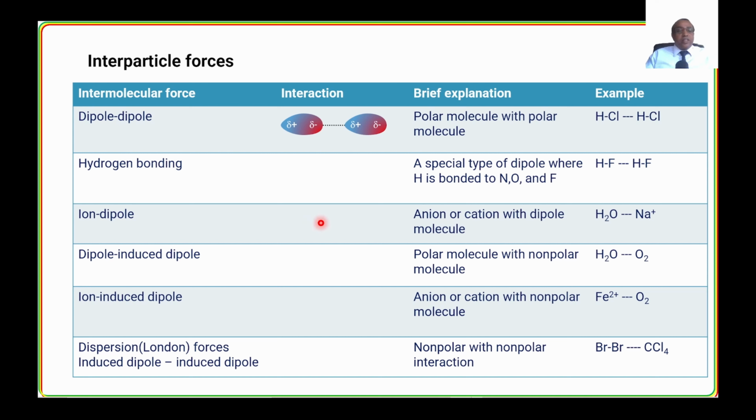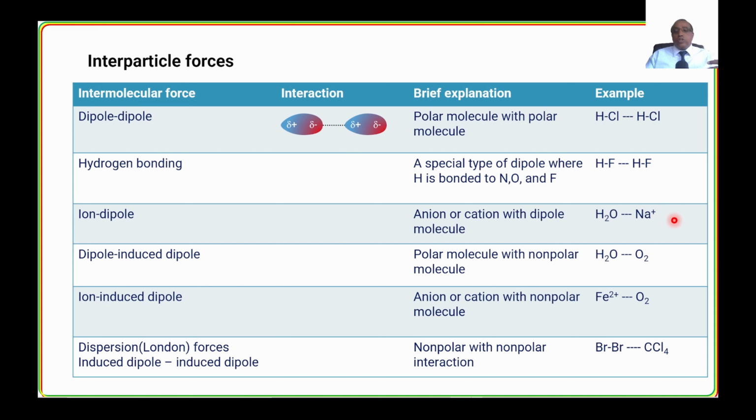The third type of interaction is ion-dipole. These kinds of interactions are observed when ionic compounds are dissolved in polar solvents, or when ions in ionic compounds are interacting with polar molecules. A good example here is the interaction of cations such as sodium ion with water, or an anion interacting with water.